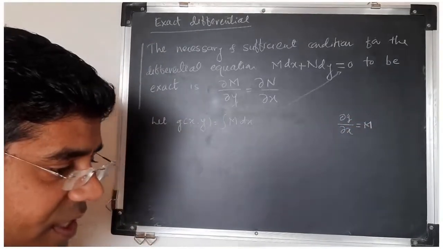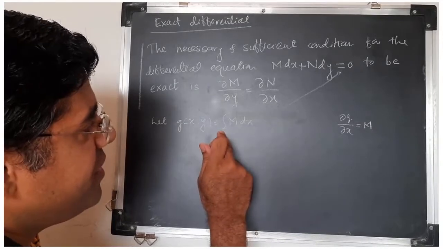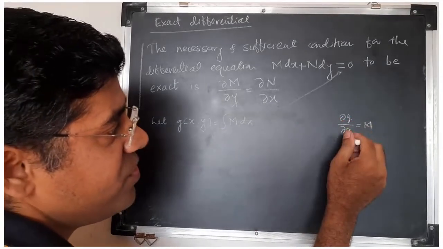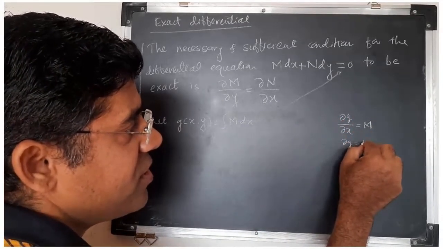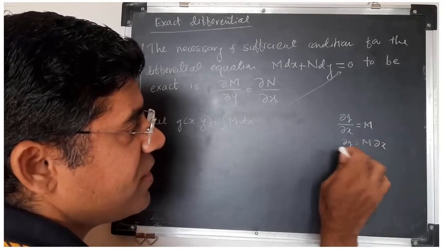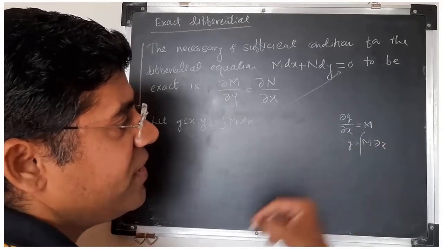And here we can write the partial integral. Suppose we have taken ∂g/∂x equal to M, and I want to find g. So I will integrate this one.